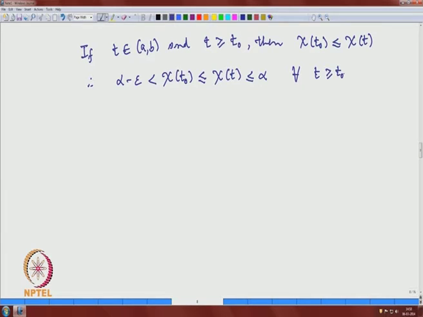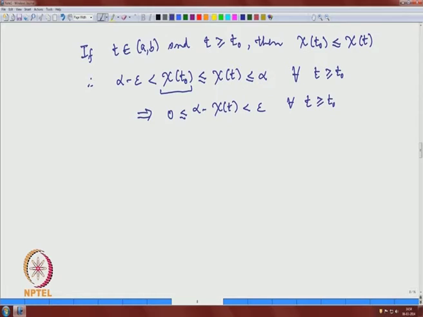Okay. So, if you rewrite this, just remove this chi(t0). So, this implies alpha minus chi(t), which is always bigger than or equal to 0, is less than epsilon for all t bigger than or equal to t0.